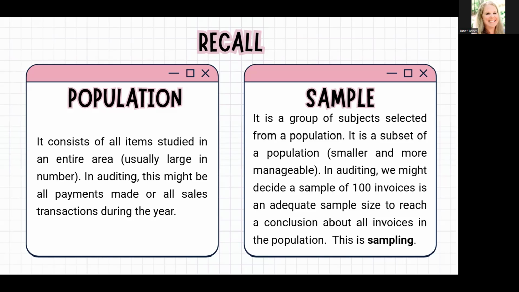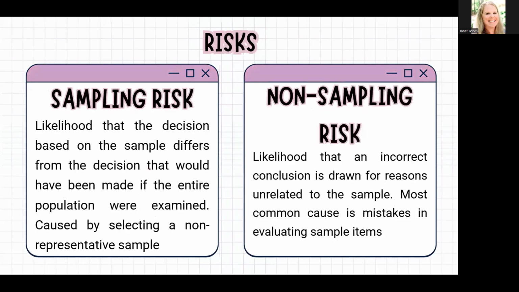We are never going to be able to look at 100% of all the transactions and all the documents that a business had during the year in the couple of weeks that we are working on a particular audit. So what we're really talking about here is taking a few items so that we can have an opinion about the fairness of their financial statements based on what we're seeing in those various samples.